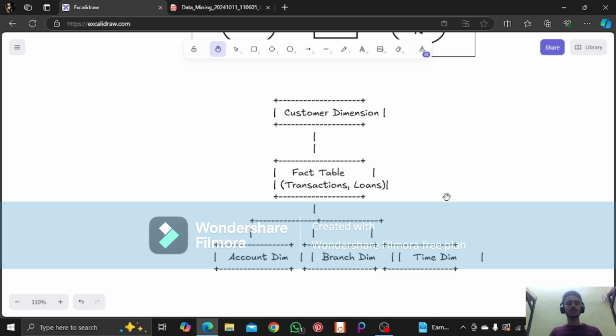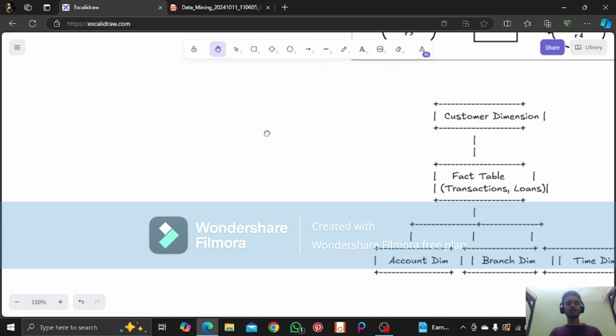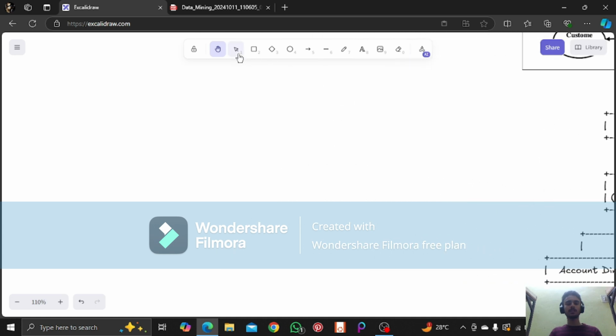Efficient querying. The star schema design simplifies queries. Let me first write down the key benefits.